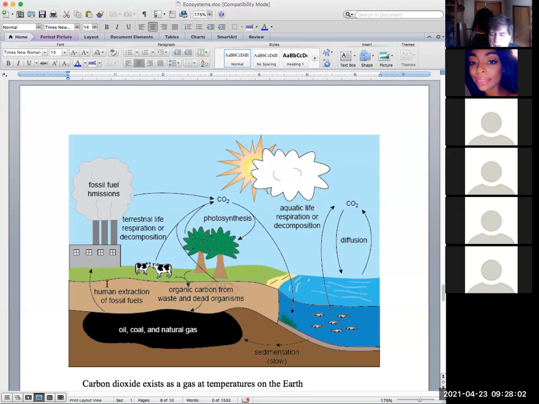Imagine that it rains a lot in this area. The rain eats little gullies into the ground. Eventually, the rain can eat gullies deep enough that it exposes some of this oil and coal and natural gas. And when that happens, when these are exposed to the air, they can oxidize, which is just the nice chemical name for saying they can start burning. Without anybody setting a match to them, they can start burning on their own.